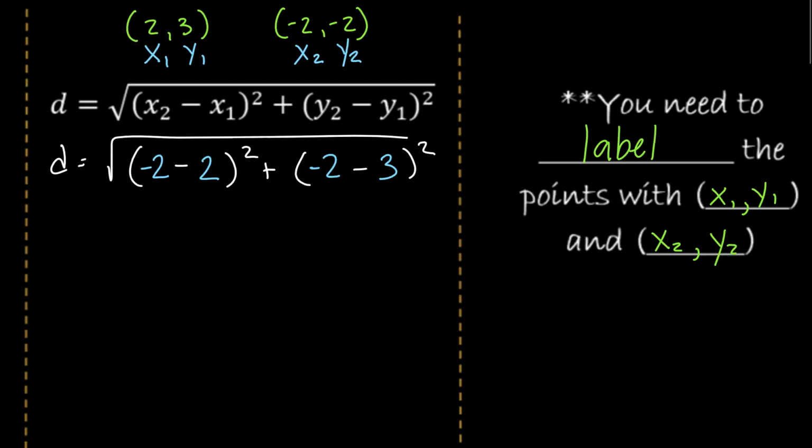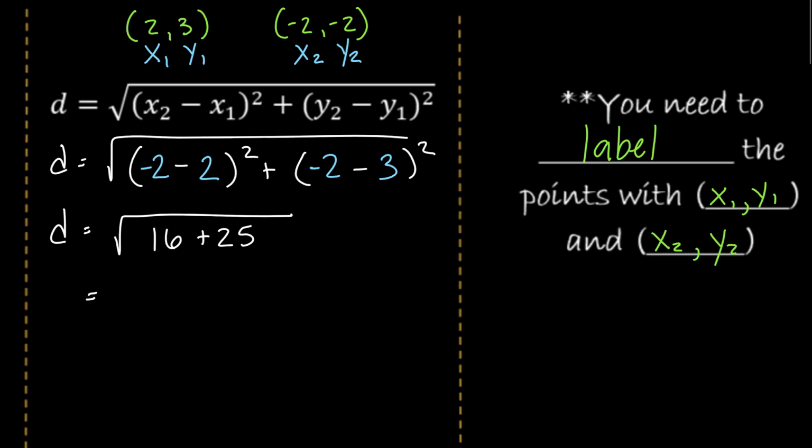So what is negative 2 minus 2? And what is negative 4 squared? 16. And what is negative 2 minus 3? Negative 5. And what is negative 5 squared? So, are these numbers looking familiar? Oh, they are.